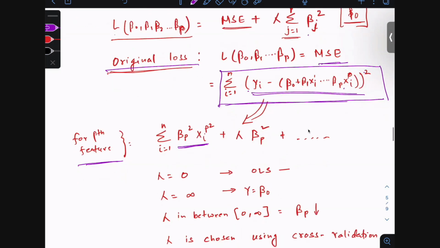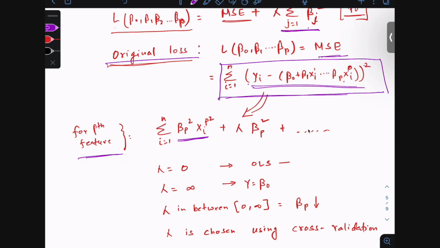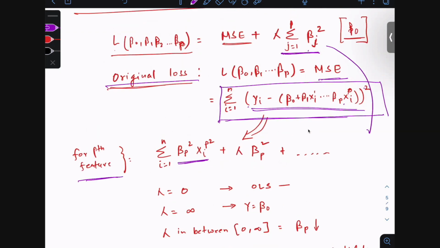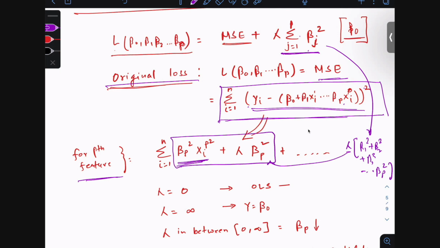And from over here, my lambda term is nothing but lambda times beta 1 square plus beta 2 square plus beta 3 square till beta p square, right? This is what summation means, from j is equal to 1 to p. So there will be one term corresponding to the pth feature like this from the MSE loss, and like this from the penalty, right? Correct?